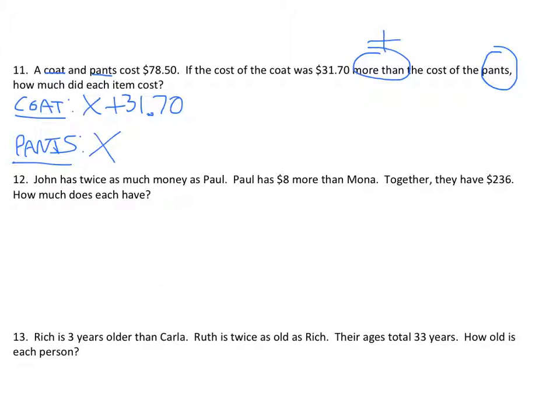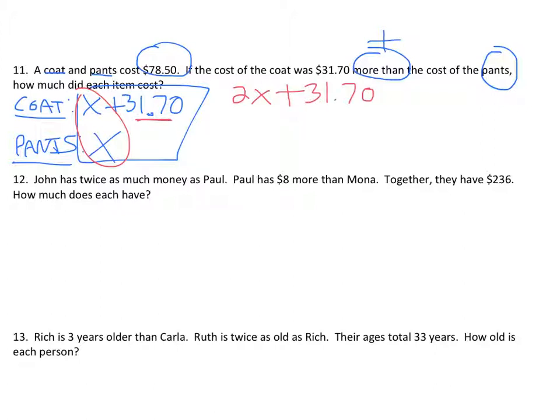So it's saying the total of them is $78.50. So we're just going to add these quantities together. And if I add these quantities together, if I add this x and this x, I get 2x. And then I'm just going to add this with it, plus $31.70. And that equals the sum of the cost of the coat and pants, which is $78.50.